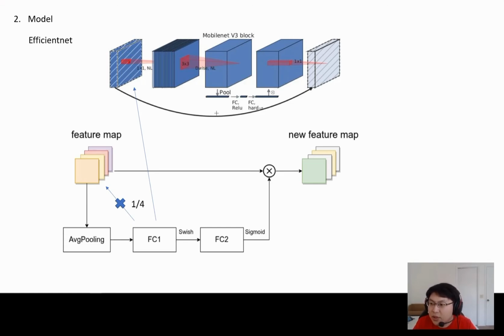The number of nodes in the first fully connected layer is a quarter of the channels of the input MBConv feature map, rather than a quarter of the current feature map, and it uses the swish activation function. The number of nodes in the second fully connected layer is equal to the feature map channels output by the depthwise convolution layer, and the sigmoid activation function is used.